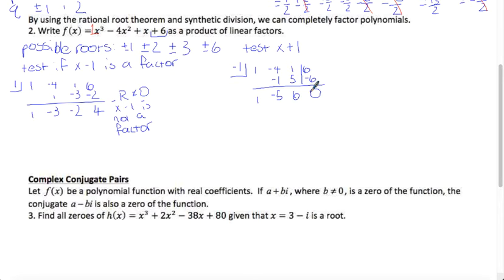So x plus 1 is a factor, which means that our original function, x cubed minus 4x squared plus x plus 6, equals x plus 1 times x squared minus 5x plus 6.